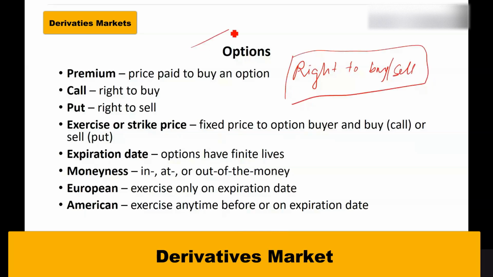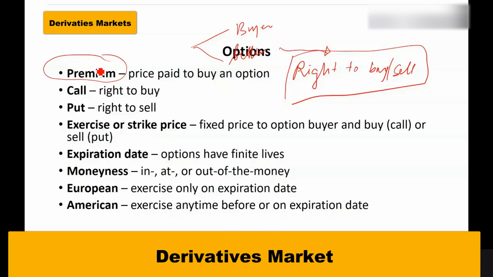So there will be a buyer and there will be a seller for an option, whether a call option or a put option. The buyer will have to purchase this right from the seller. And to purchase this right, the buyer will have to make a payment of the premium to the seller, which is called a call premium if it is a call option, or a put premium if it is a put option.